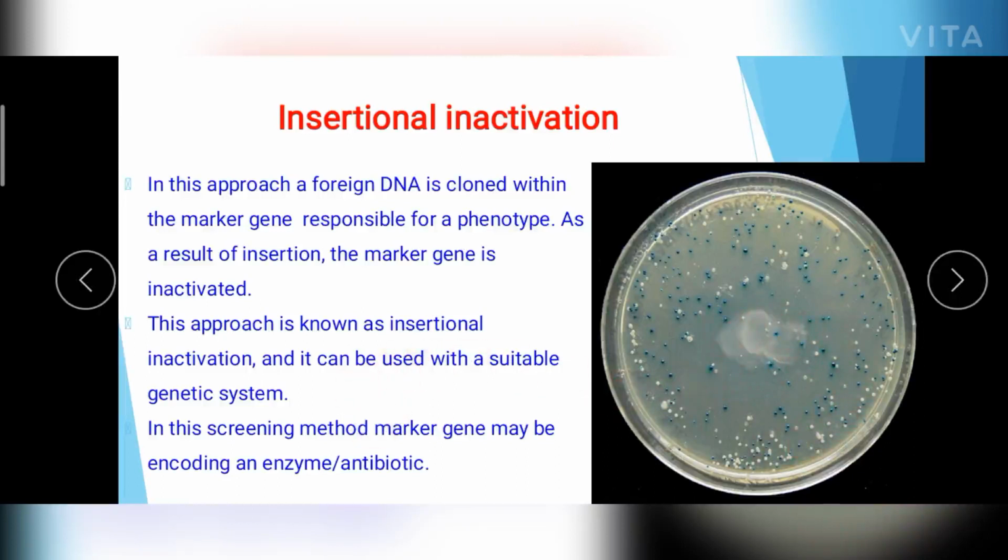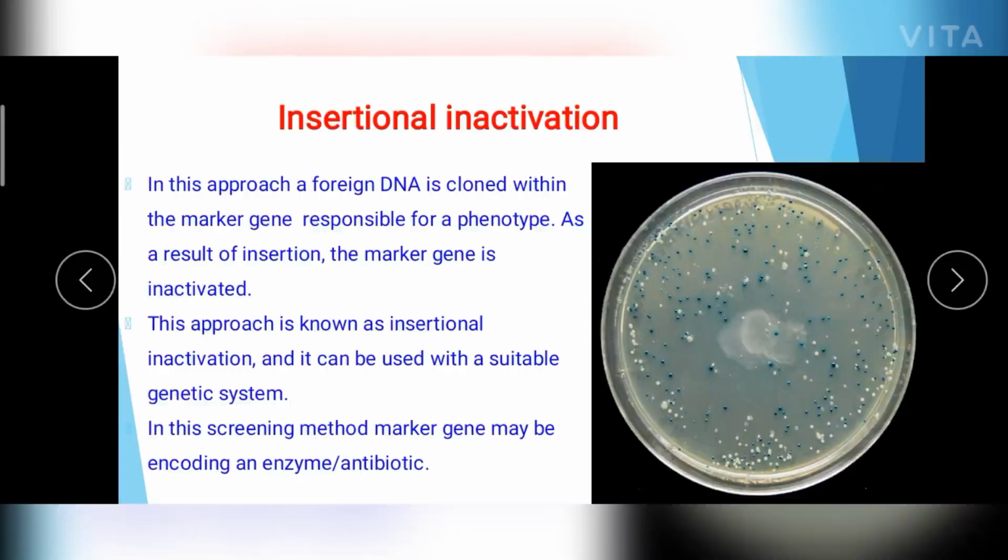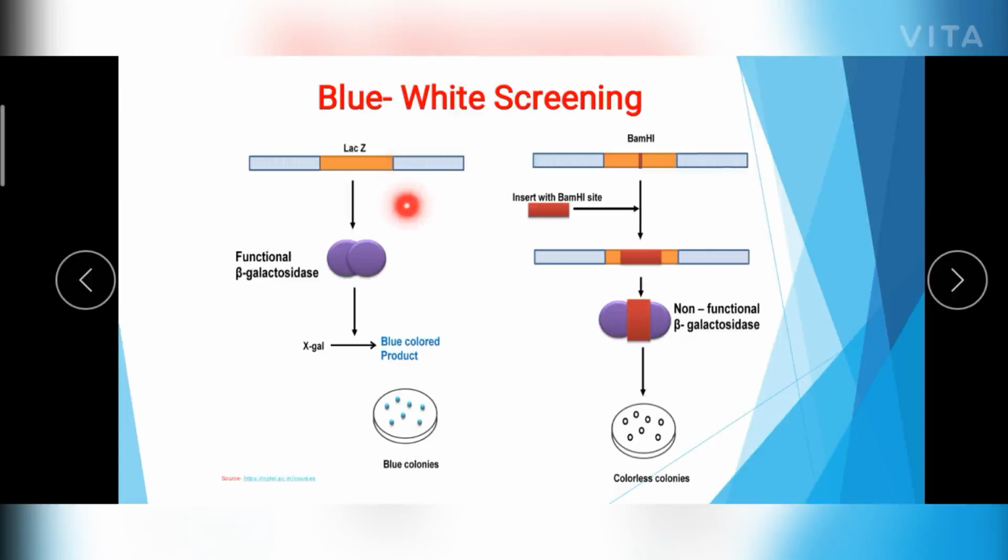So what you are doing in this method is, the marker gene used here is the LacZ gene. This gene has the ability to produce an enzyme called beta-galactosidase. This enzyme, in the presence of the substrate X-gal, produces a blue color product.